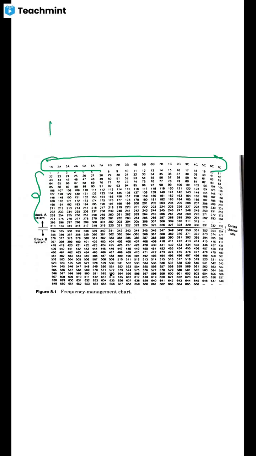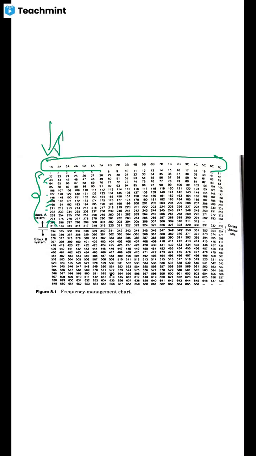The first subset 1A has 15 voice channels, that is total 16 channels. The 15 voice channels are 1, 22, 43, 64, 65, 106, 127, 148, 160, 190, 211, 232, 253, 274, 295, and 313, one setup channel.